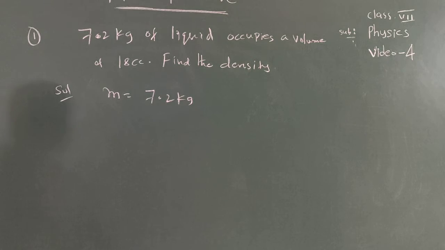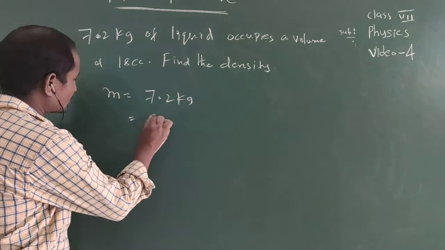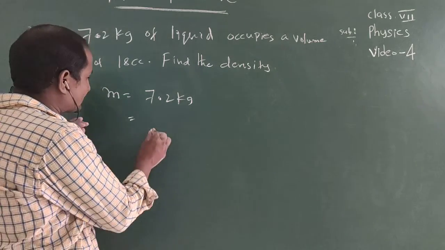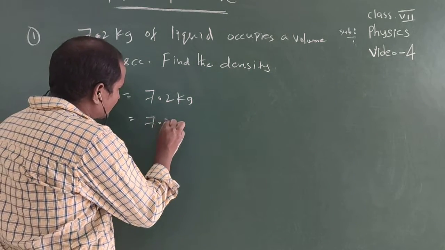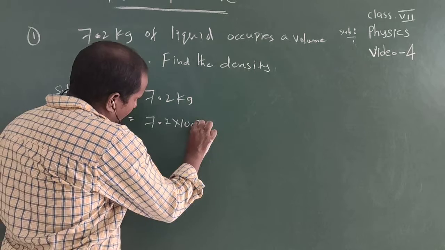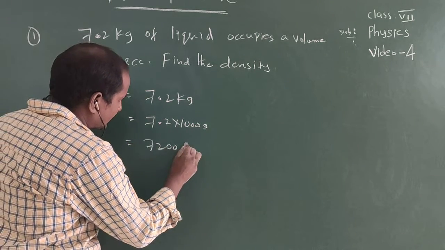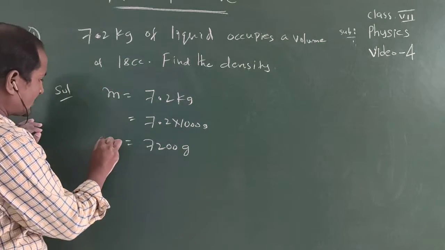Find the density in CGS system. So mass equal to 7.2 kg. 1 kg equals how many grams? 1000 grams. That means here 7.2 into 1000 grams, that equals 7200 grams. It is the mass.